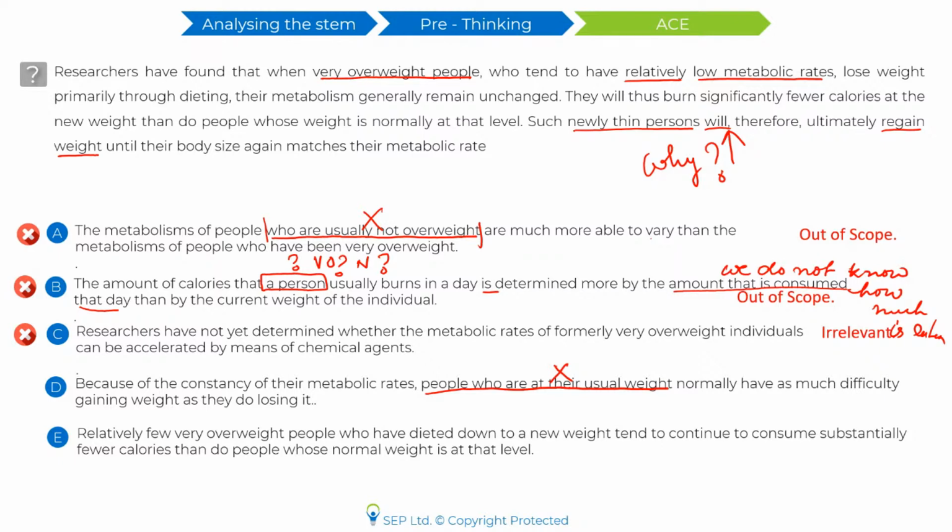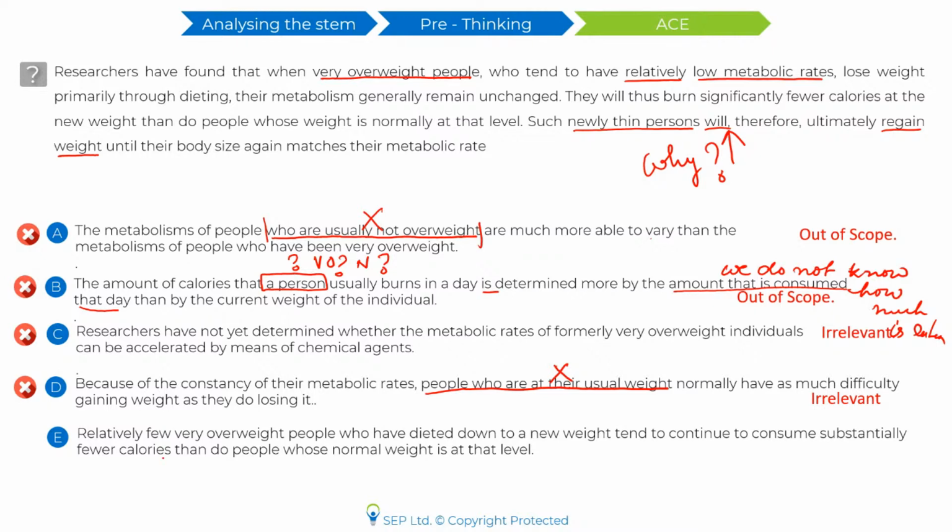So whether this category of people have more difficulty gaining weight, less difficulty gaining weight is not my concern. It's irrelevant. My concern was newly thin people regaining weight, not people at their usual weight losing or regaining weight. So D is out.